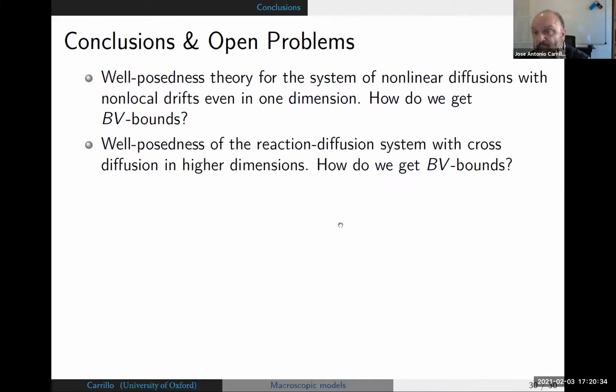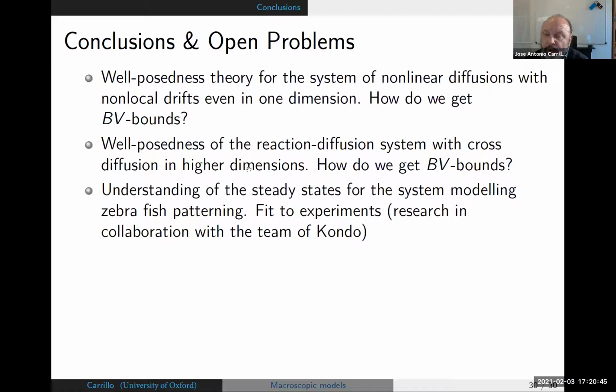It is an open question that in the case of reaction diffusion, we fixed. We did that in one dimension, and then also in higher dimensions it has been done by Benoit Perthame and Piotr Gwiazda and Agnieszka Gwiazda.